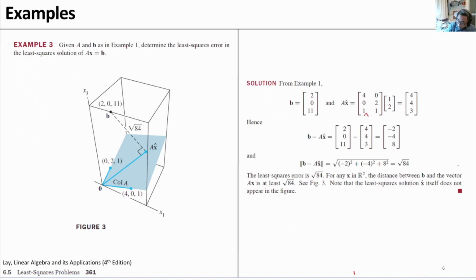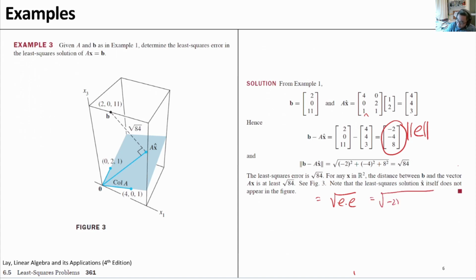These slides also show one more point. Once we have the error vector, we are interested to find its length, which is taking the norm of this, and the norm of an error vector is nothing but the square root of the inner product, which is the square root of minus 2 times minus 2 plus minus 4 times minus 4 plus 8 times 8.